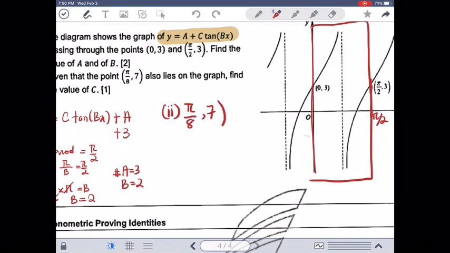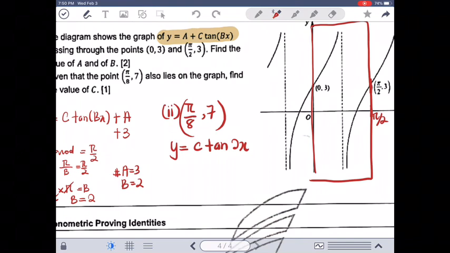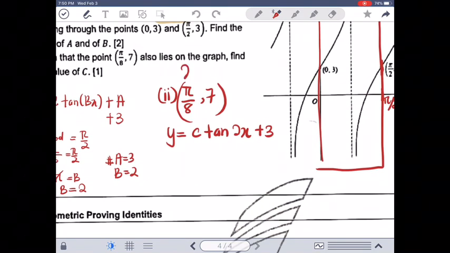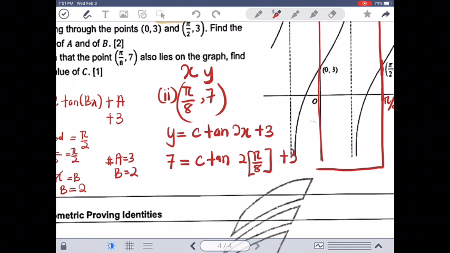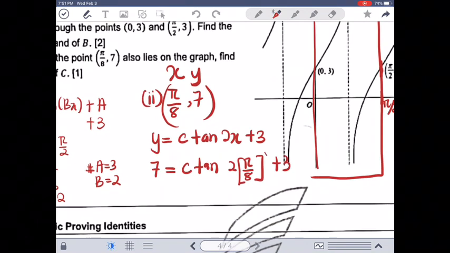Given that pi over 8, 7 also lies on the graph y equals c tan, since our b is 2, 2x plus 3. And we know this is the value of x, this is the value of y. Substitute inside. 7 equals c tan 2 times pi over 8 plus 3.